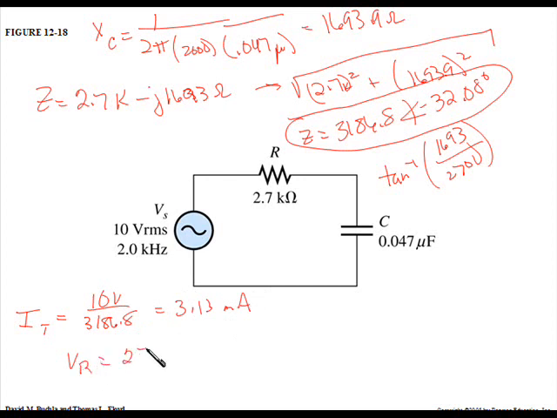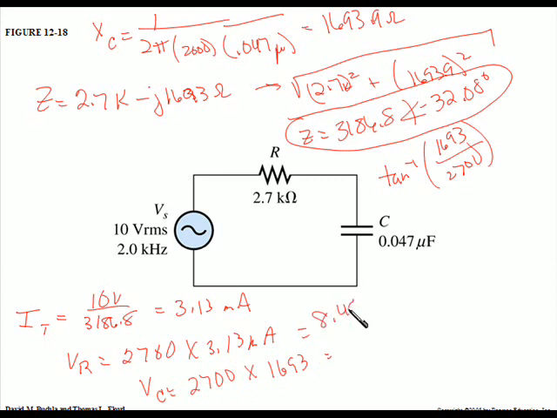VR is going to be 2700 times 3.13 milliamps, which is 8.451 volts.